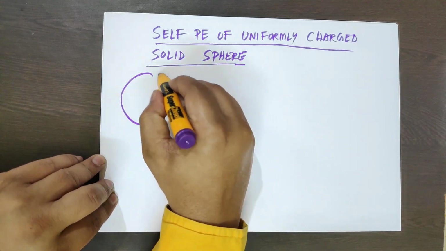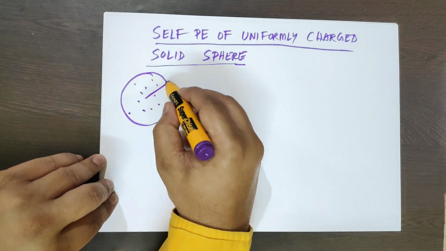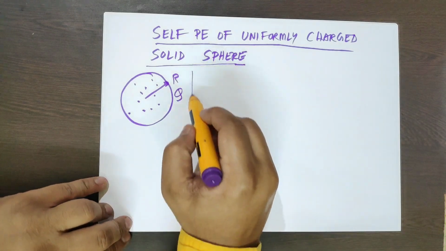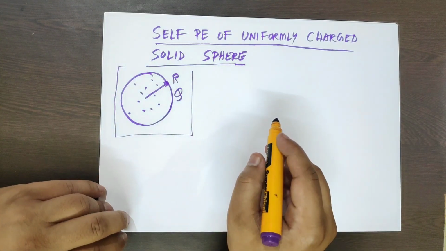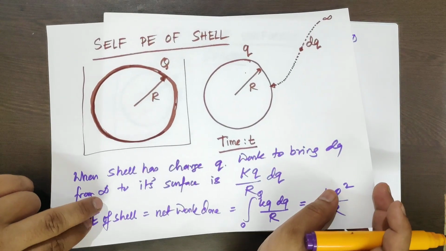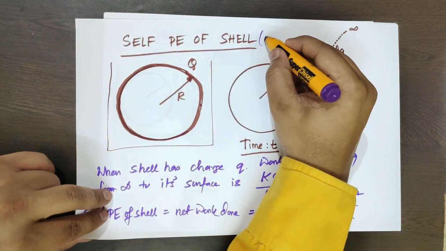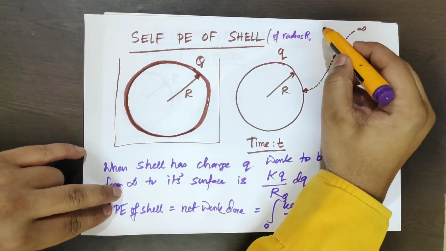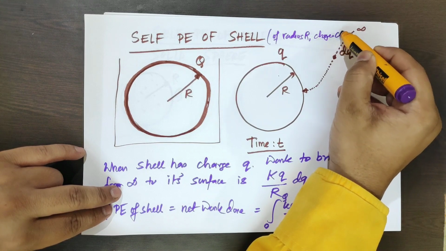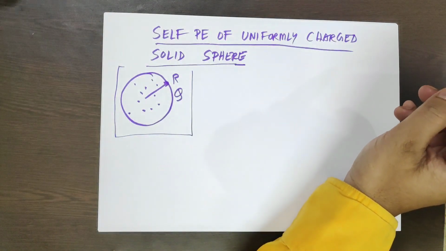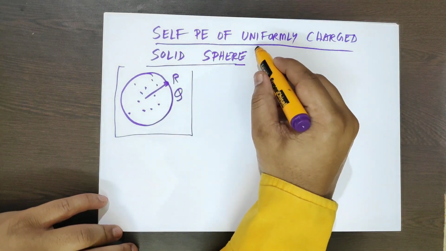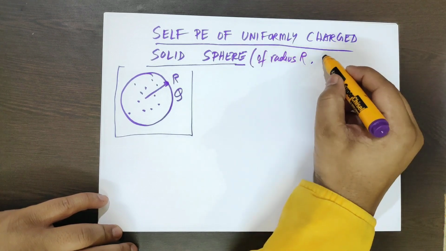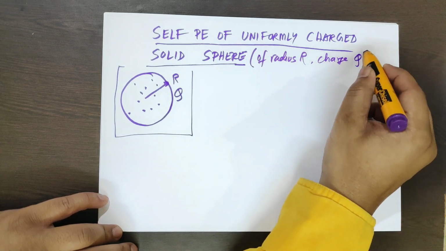So that is the final state. You have charges throughout its volume, so radius R and charge Q. Okay. Final state is this, radius R and charge Q. Okay, I forgot to write this. Self potential energy of shell of radius R and total charge Q. Here also the self potential energy of uniformly charged solid sphere of radius R and charge Q.